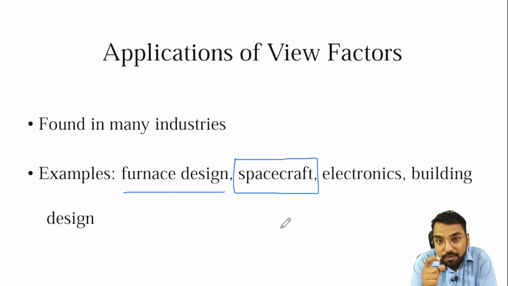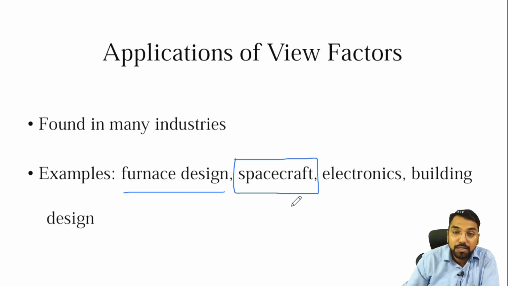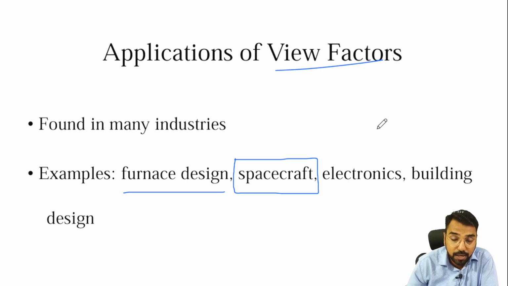How much energy is going to transfer from that area to the internal components is an important thing. So in a spacecraft, the view factor plays an important role in calculating how much heat will transfer to the internal components.